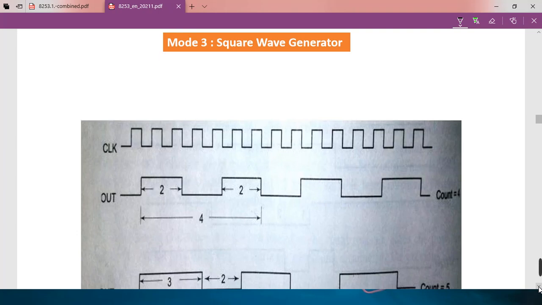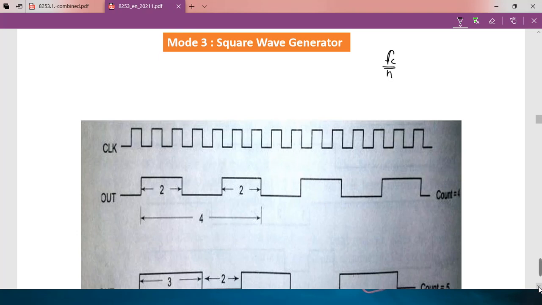The third mode is mode 3, that is square wave generator. Whenever you want to generate a square wave of a certain frequency, this mode can be used. Here n is the count value.